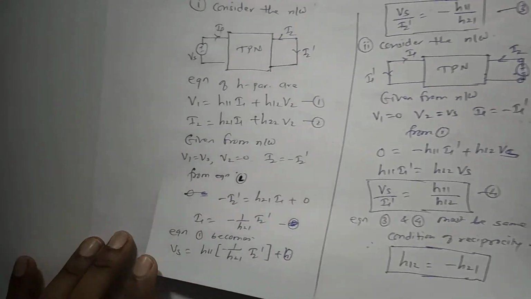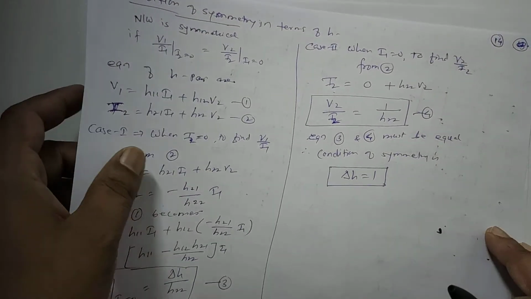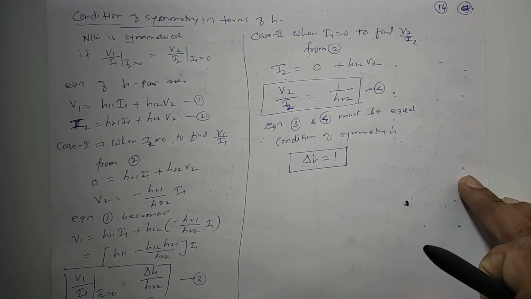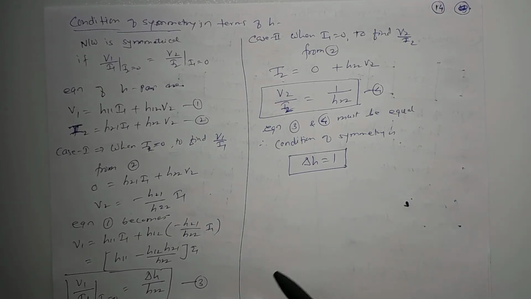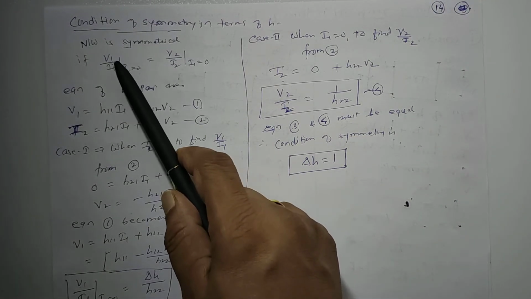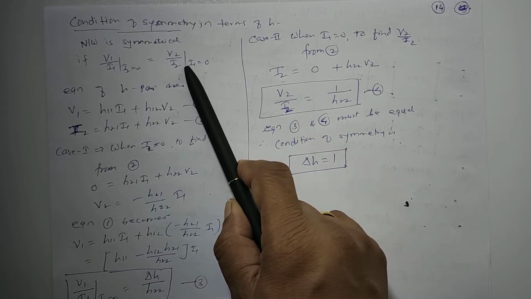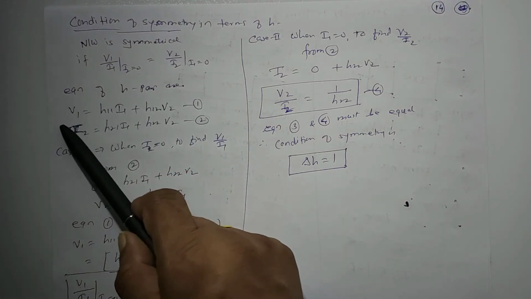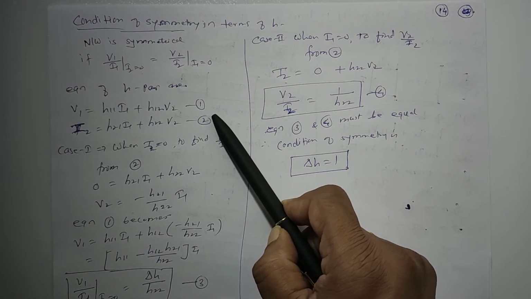Then we'll see the condition of symmetry in terms of H parameter. A network is symmetrical when input impedance is equal to output impedance, when the other port is open circuit. These are the standard equations of H parameter.